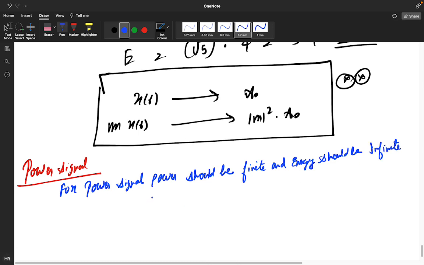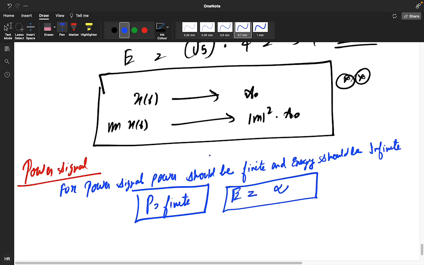Okay, if you have a power signal, you will get a finite power. But for a power signal, the energy will be infinite. This is the important part.